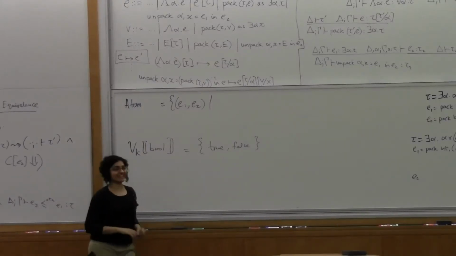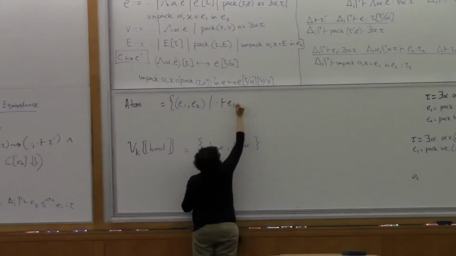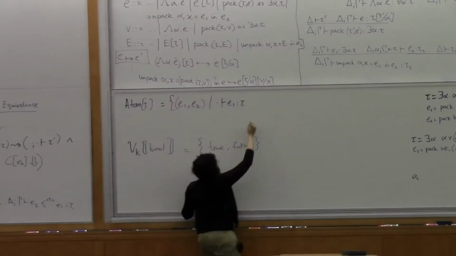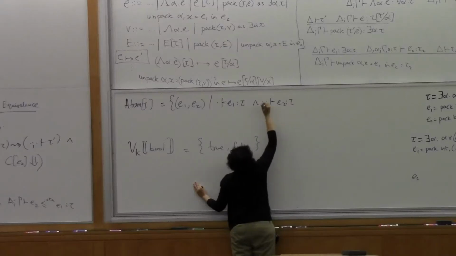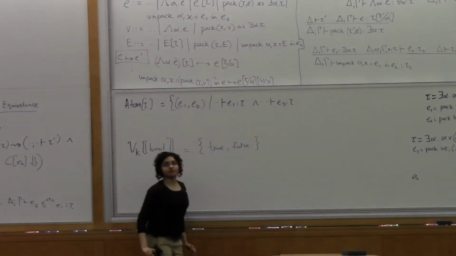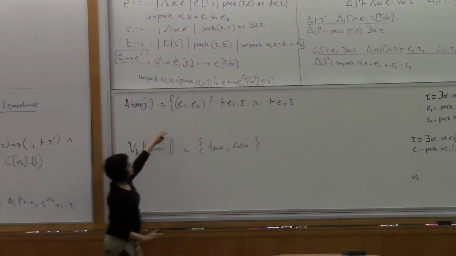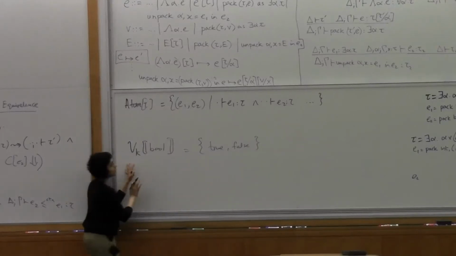I'll come back to this in a second. What I was going to add over here is that E1 has to have the type tau, let's say well-typed atoms, and E2 has to have the type tau. By the way, I'm not going to be disciplined enough to put the dots out there. If there's nothing before the turnstile, it's an empty context. Okay, so closed expression. All right.